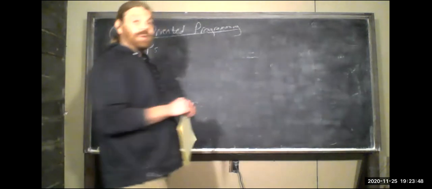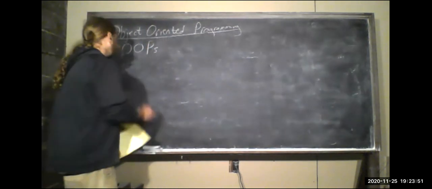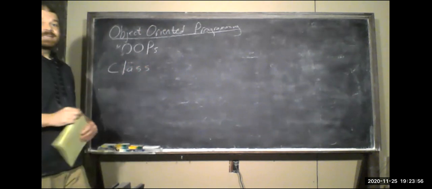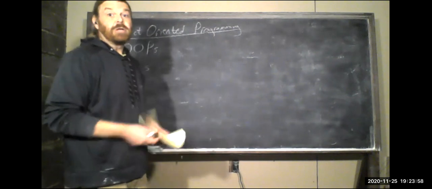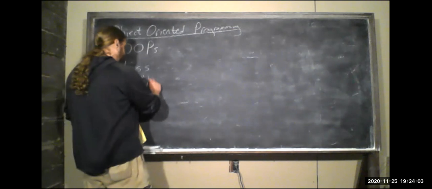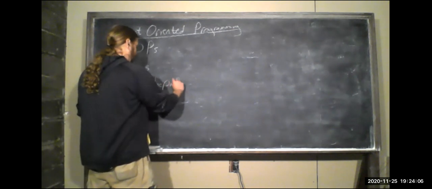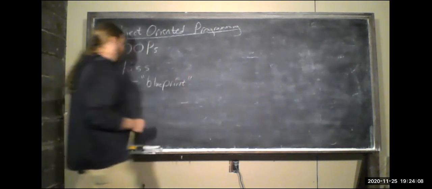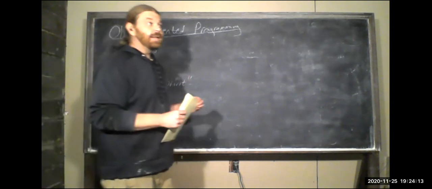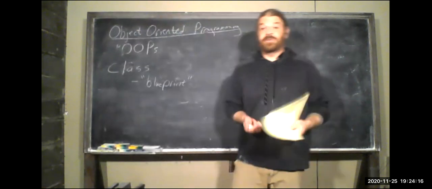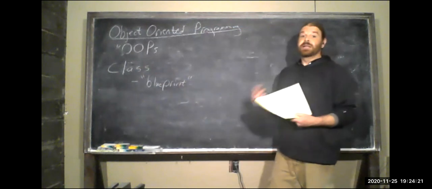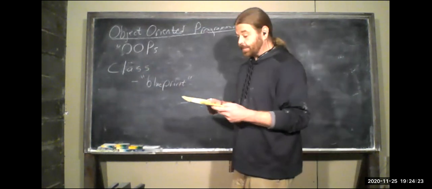So, I mentioned the word right before the break there, class. And a class is the model that we build our objects from. It's often referred to as the blueprint. The class is the blueprint, and then an instance of the class, the one we're actually using, the thing we made from that blueprint, that's what we refer to as an object.